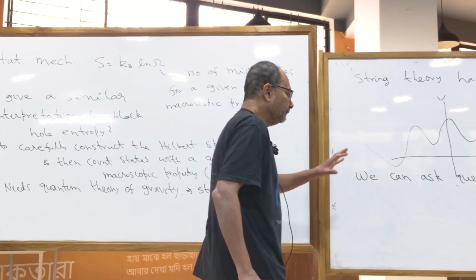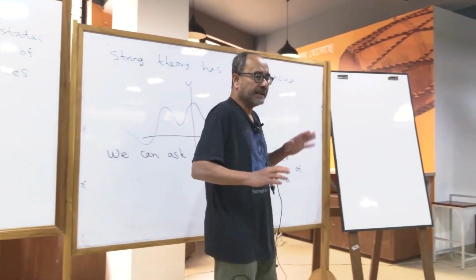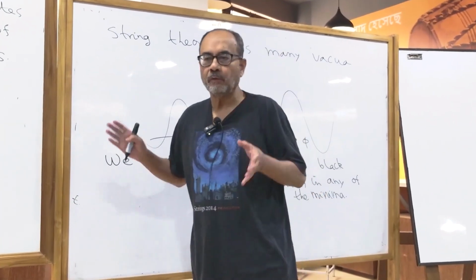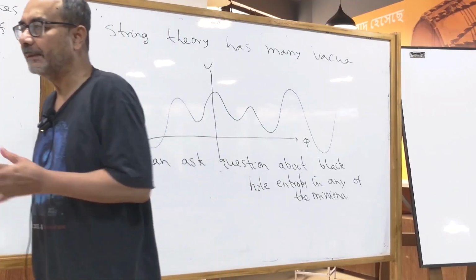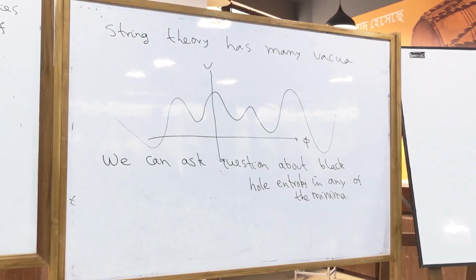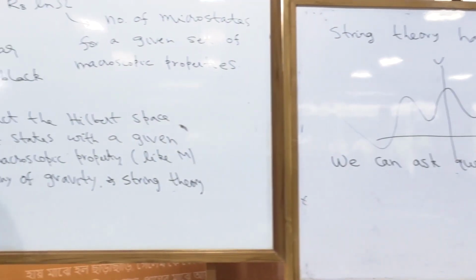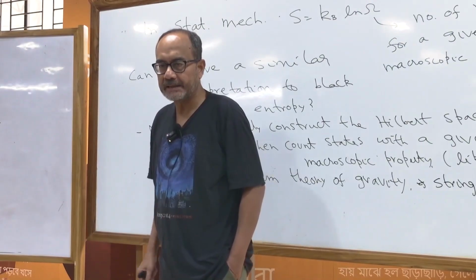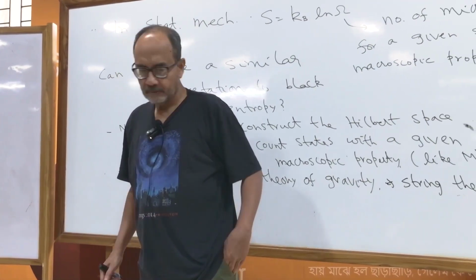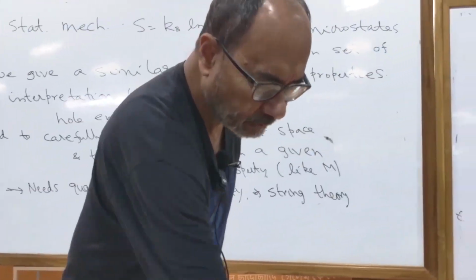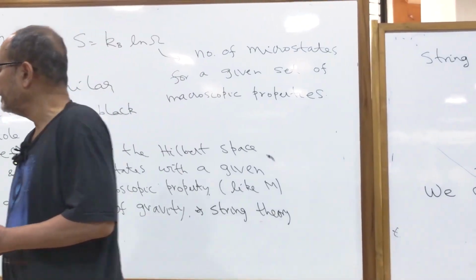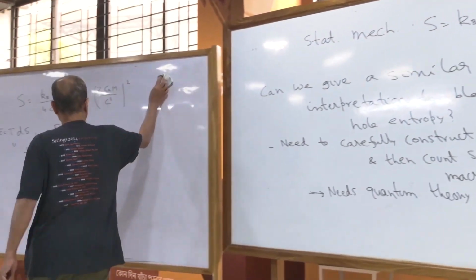So given this, our strategy will be to try to look for the simplest black hole in the simplest kind of minima. Try to solve the problem there. And then we can try to generalize it to other cases. And again, this relies on the fact that this is a somewhat universal problem, right?